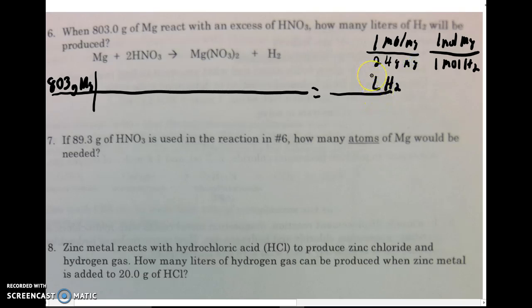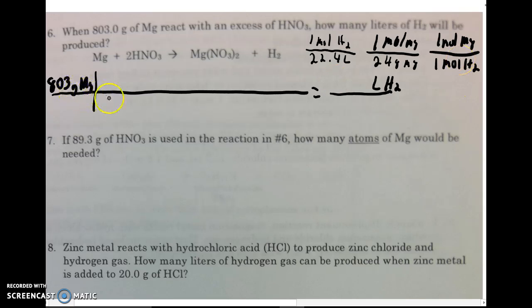Now, this problem doesn't say it, but we're just going to go ahead and assume that this is at standard temperature and pressure. So we'll say that liters tells us that I need my third conversion factor, which is moles to volume, 1 mole of any gas at standard temperature and pressure. So in this case, hydrogen has a volume of 22.4 liters. And those are all of my conversion factors, and I can go ahead and start plugging them in.